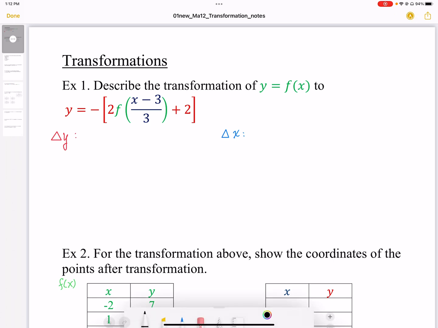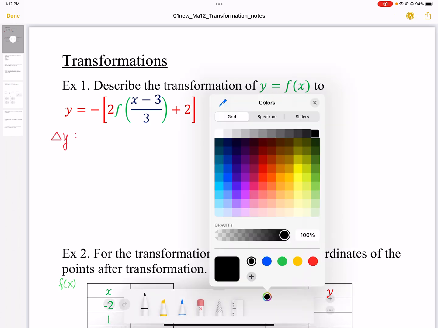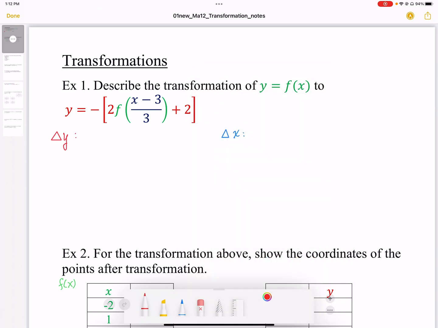So when I look at the transformation equation, firstly, it's going to be 2 times f of x. So my new y is going to be, I'm just going to rewrite it the way it is, 2 times old y plus 2, and then negative on the outside.